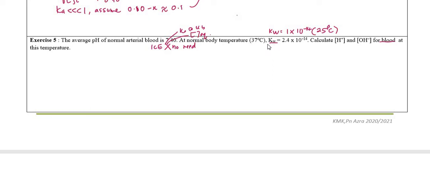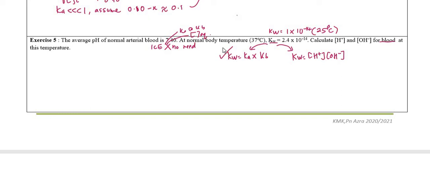So you remember balik apa formula yang melibatkan Kw. Yang pertama, Kw equals to Ka multiplied by Kb, and another Kw is concentration H plus multiply concentration OH minus. So for this case, sesuai tak kita nak guna the first formula? Tak sesuai, not suitable, because this value Ka and Kb did not given to us.